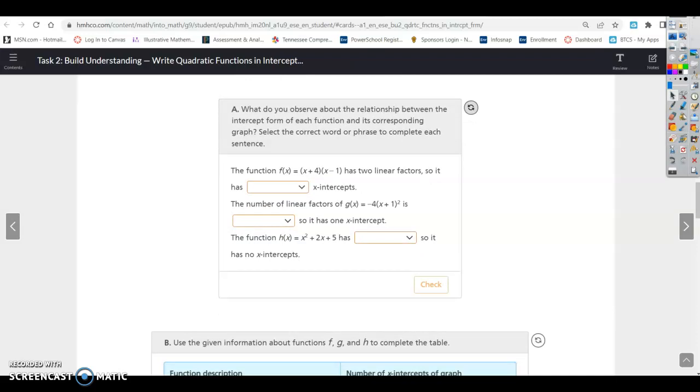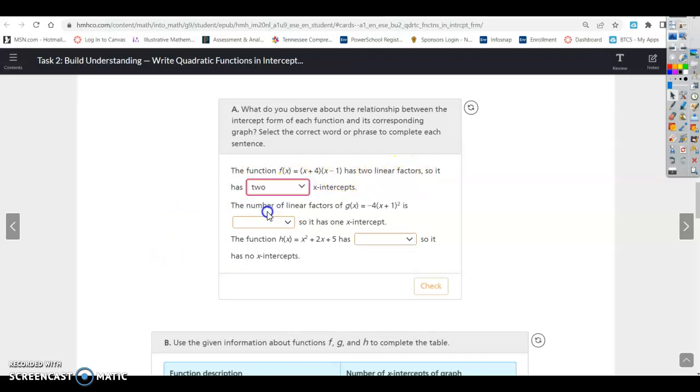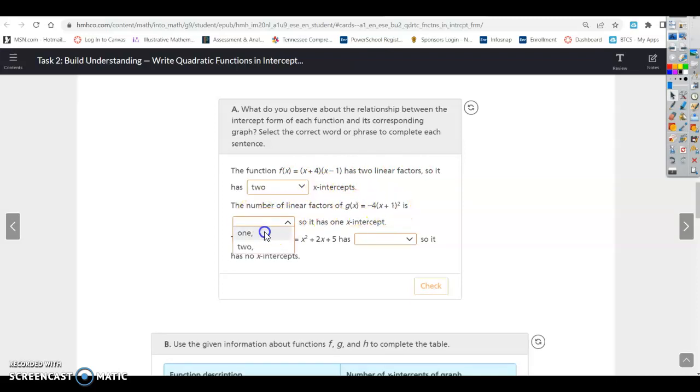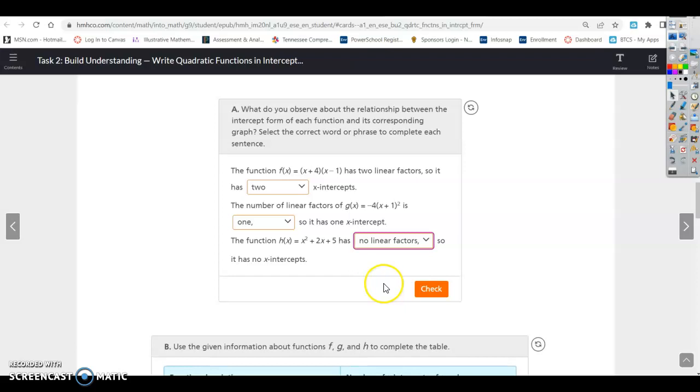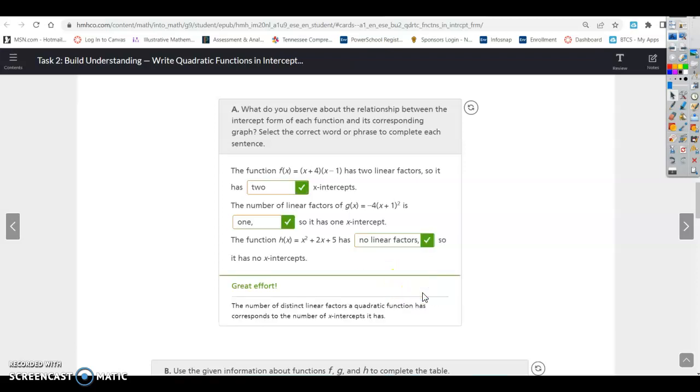All right, what do you observe about the relationship between the intercept form of each function and its corresponding graph? Select the correct word or phrase to complete each sentence. This function, f of x, has two linear factors, so it has two x-intercepts. This one has one x-intercept, and h of x has no linear factors or no x-intercepts.